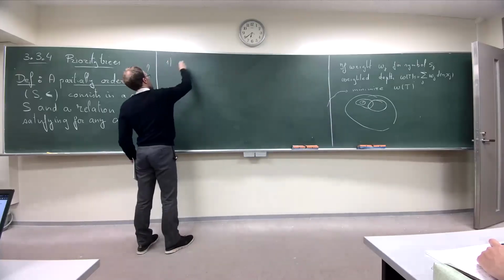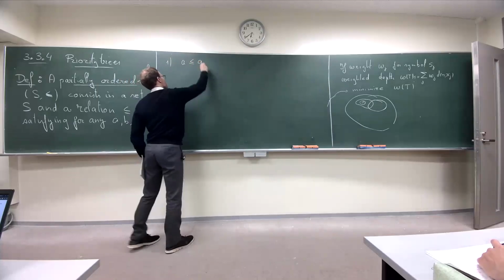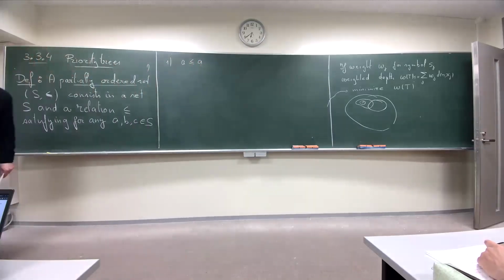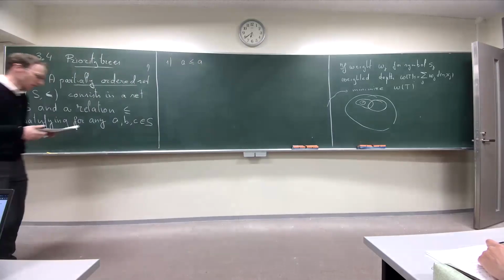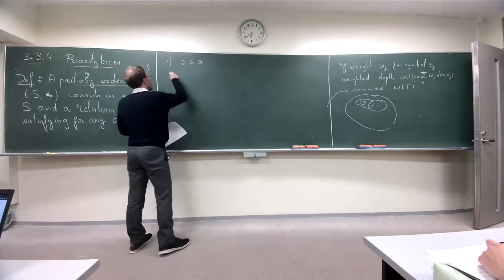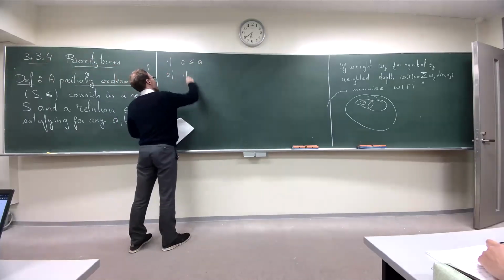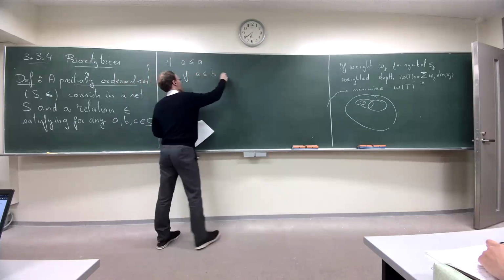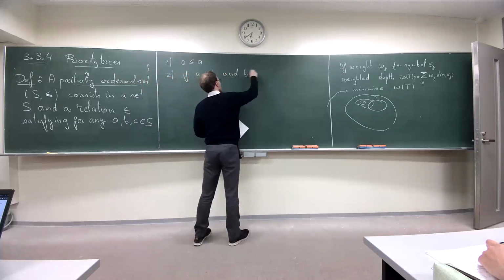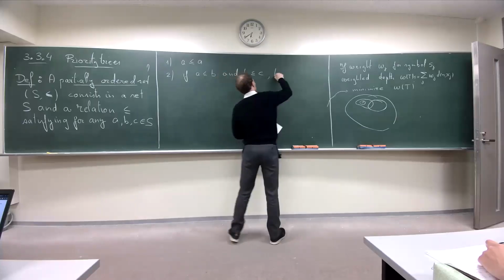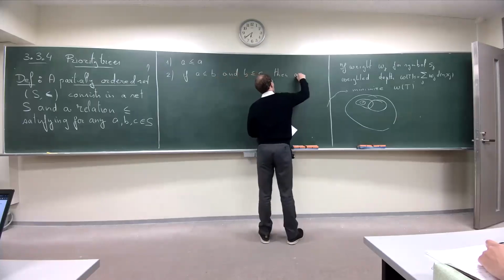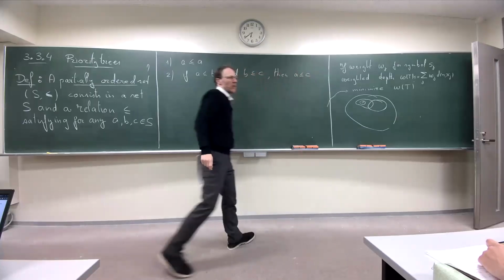The first one is that A is always smaller or equal to A. This is nothing special. But the second one is if A is smaller or equal to B and B is smaller or equal to C, then A is smaller or equal to C, which is quite natural.